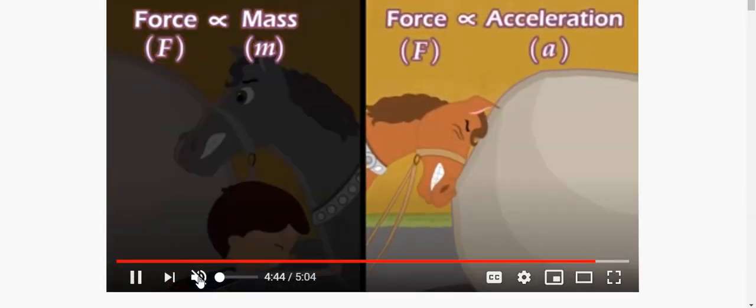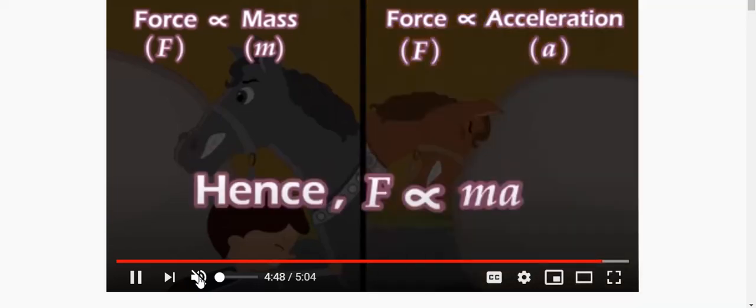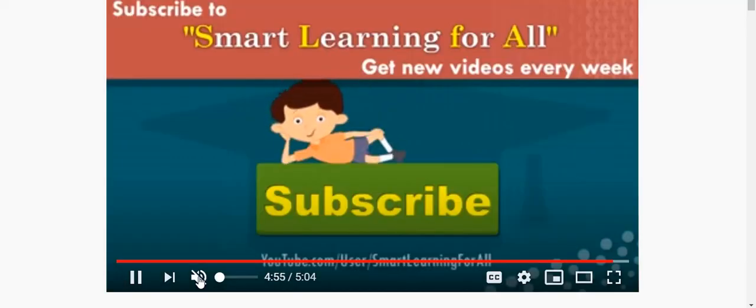So, by this, we came to know that force depends upon the mass and force depends upon the acceleration. And hence we have derived the formula that force is proportional to mass and acceleration.